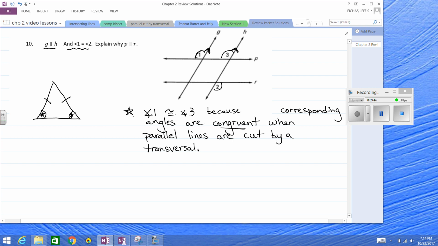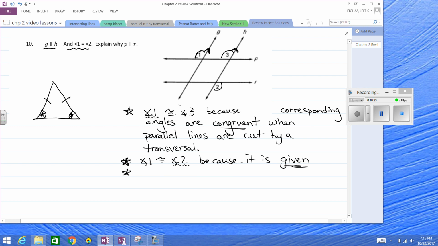That doesn't help me with P parallel to R, but watch this. Now, angle 1 is congruent to angle 2 because they told us, because it is given. Whenever they tell us something, we can use it. It's told to us up here in the instructions. Now, this is where we've got to make a conclusion. If angle 1 is congruent to angle 3, and angle 1 is congruent to angle 2, we can sub in angle 2 anywhere that we say angle 1.